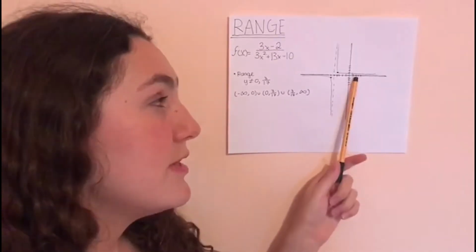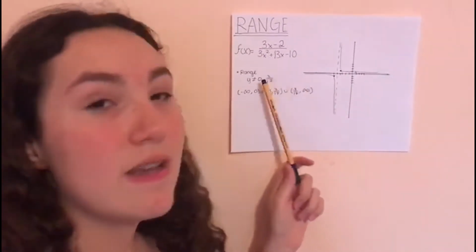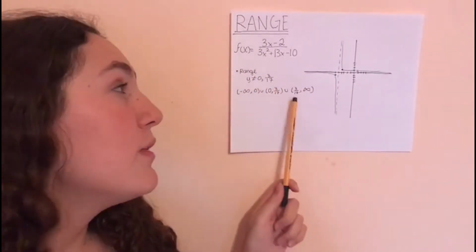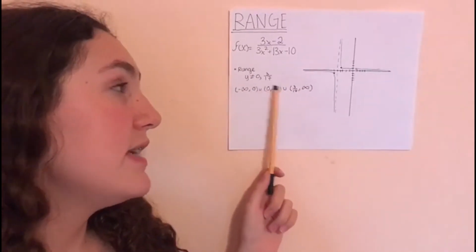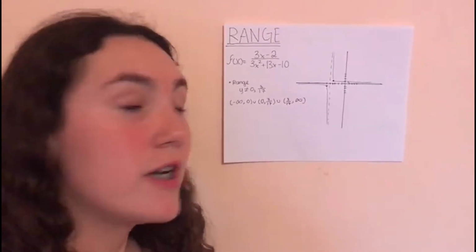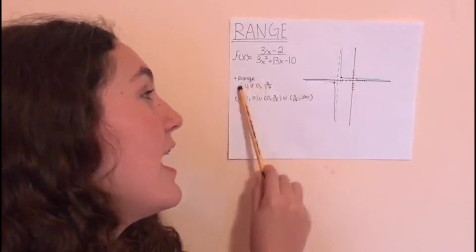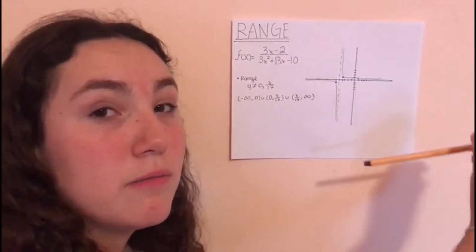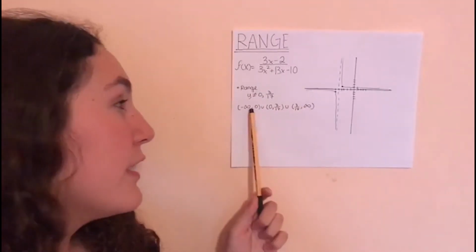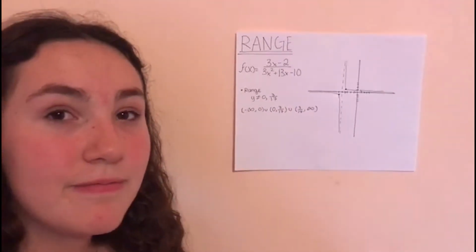So we should also consider the hole, which is 3 over 17. And so the range is y is not equal to 0, 3 over 17, because they are the only 2 points the graph will not touch. The hole is a point, and 0 is the complete horizontal asymptote.